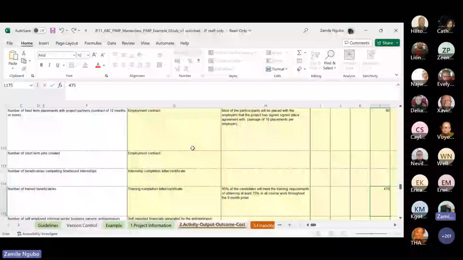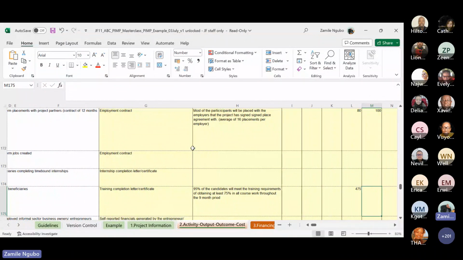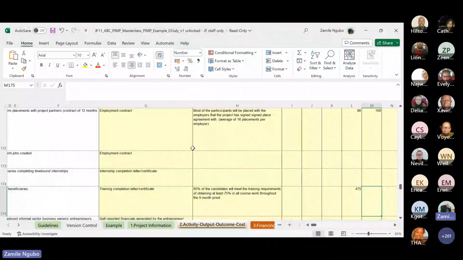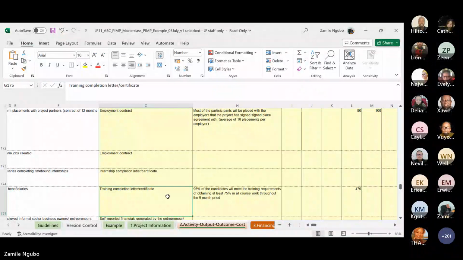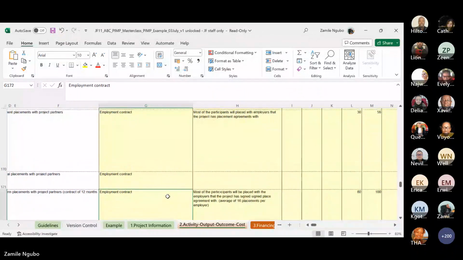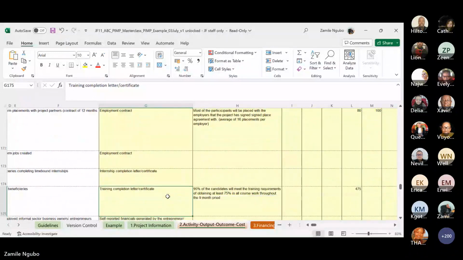I will pause there, Chair, and see if there are questions before I go to the last segment, completing the project-specific indicators as per the project example that we shared with the delegates. I think all the questions have been responded to. Chair: Yeah, you may proceed.